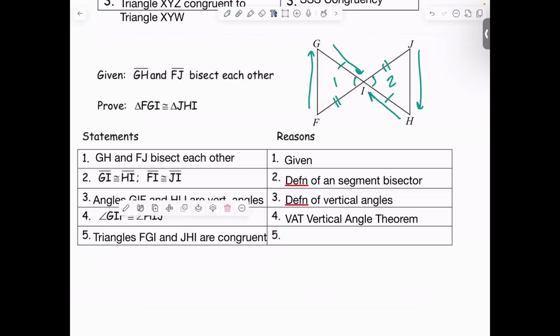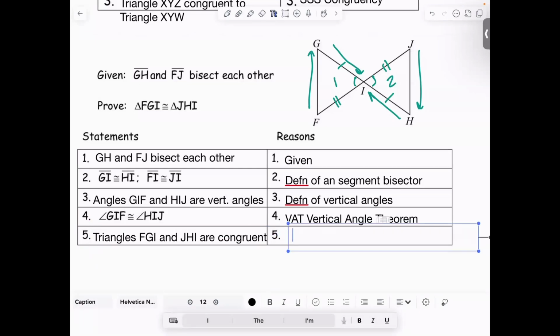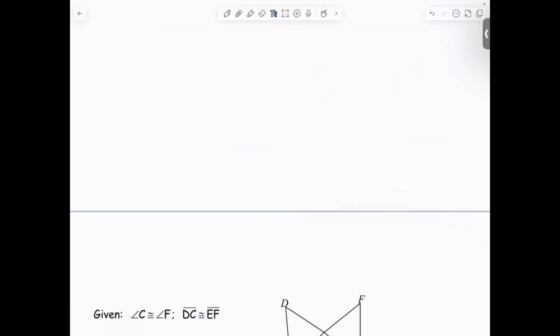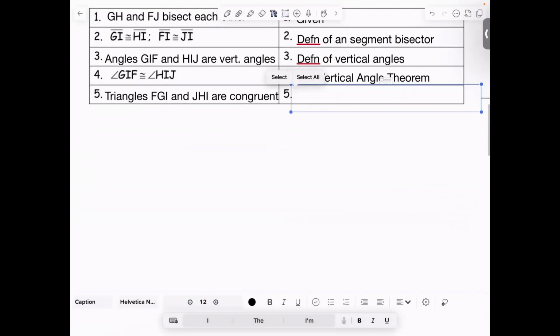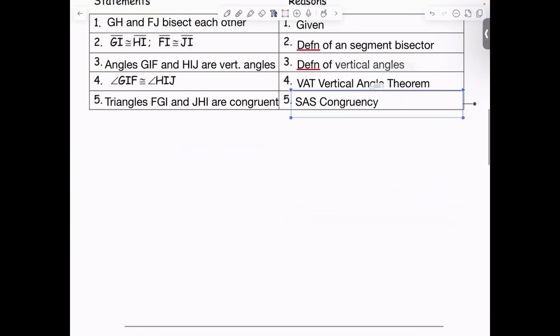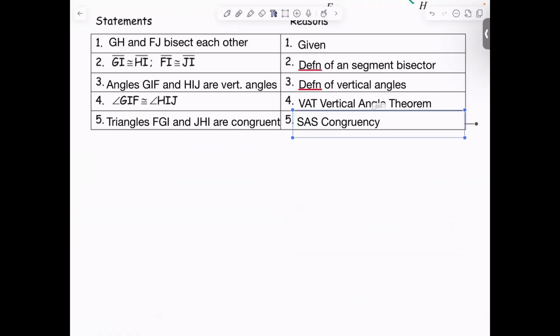Here we go. And what did we say? That's side angle side, right? SAS theorem. Boy, sorry about that. I'm not sure why that did that. SAS. Oh, we'll just say SAS congruency. Let me look that up to see if it's the postulate or the theorem.